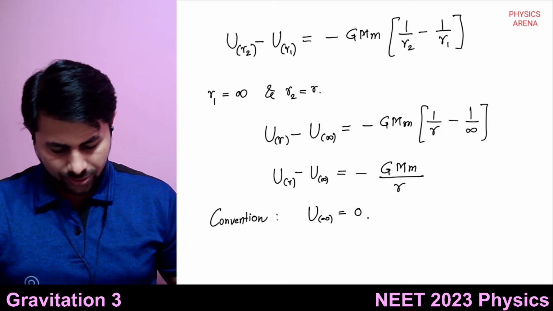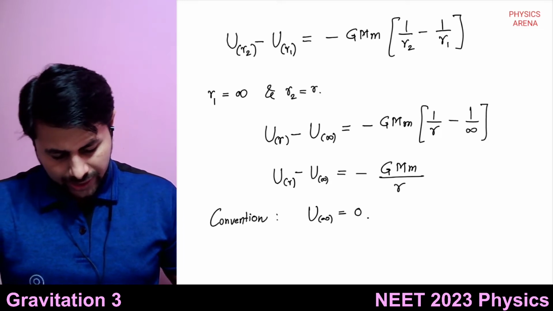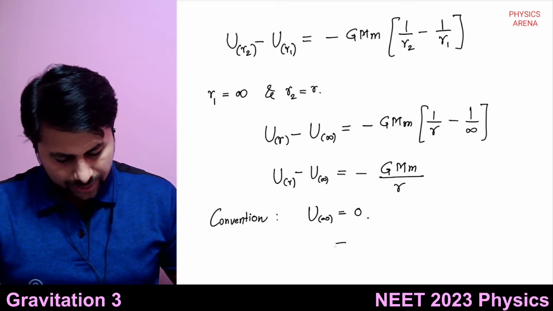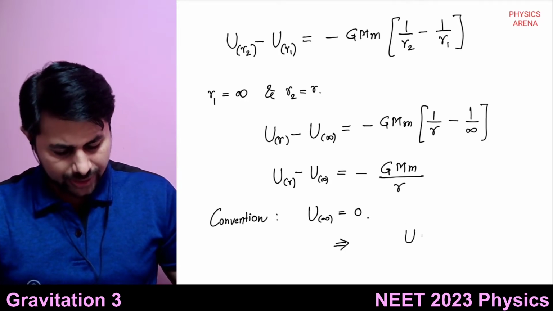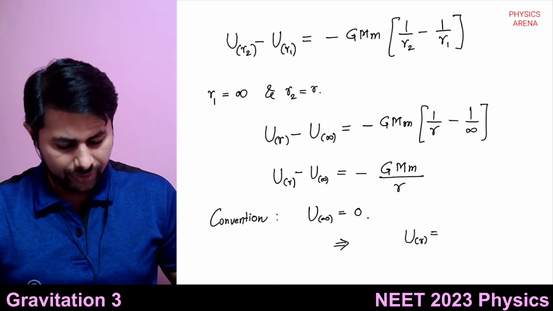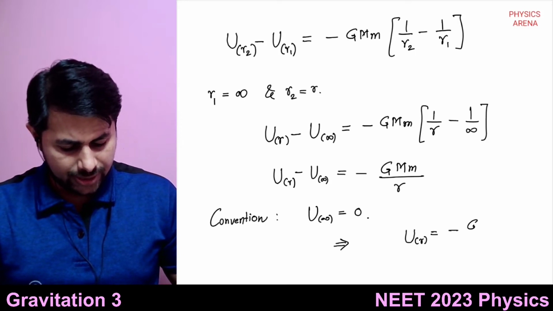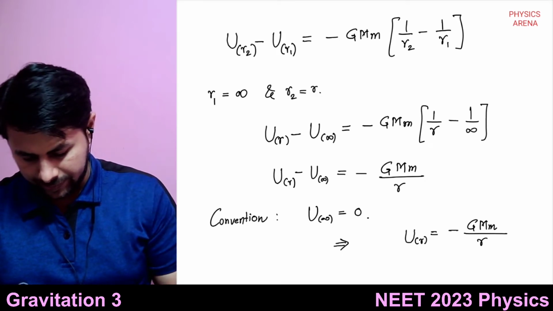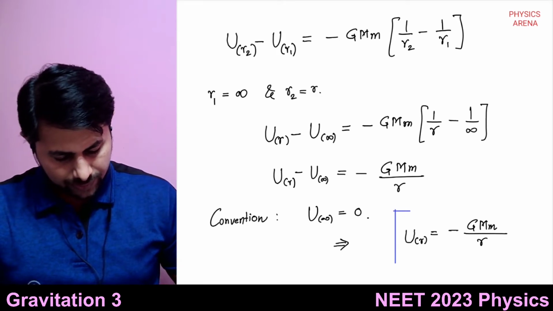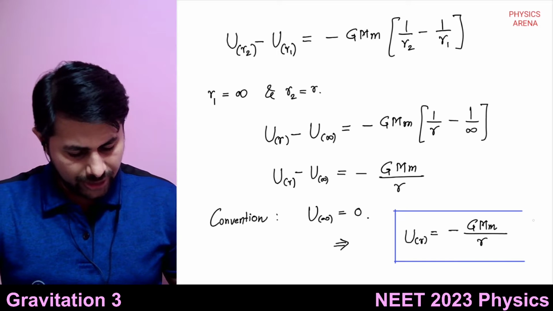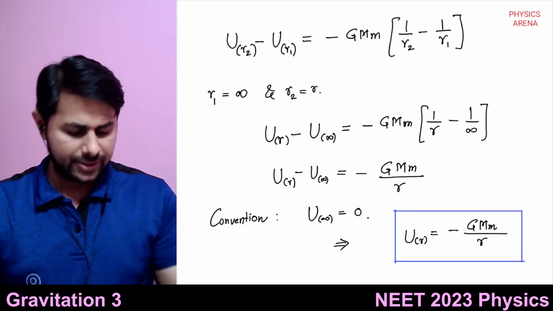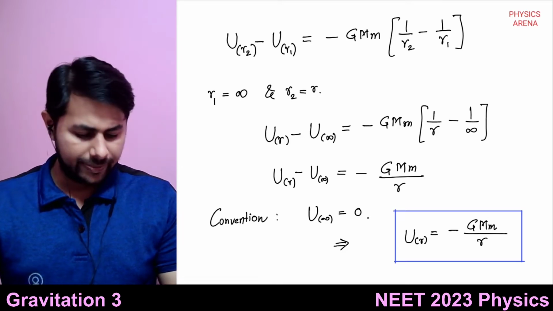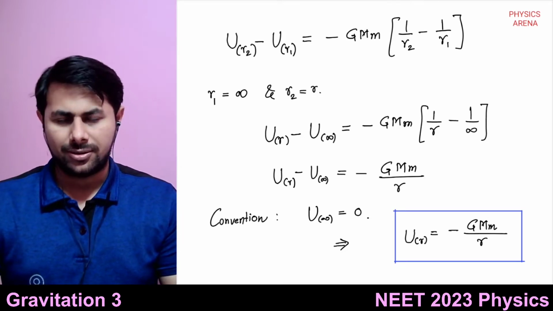So we write potential energy at infinity equals 0. Then potential energy at distance r away from the center of earth is just minus GMm divided by r. So potential energy of an object at distance r from the center of earth is minus GMm upon r.